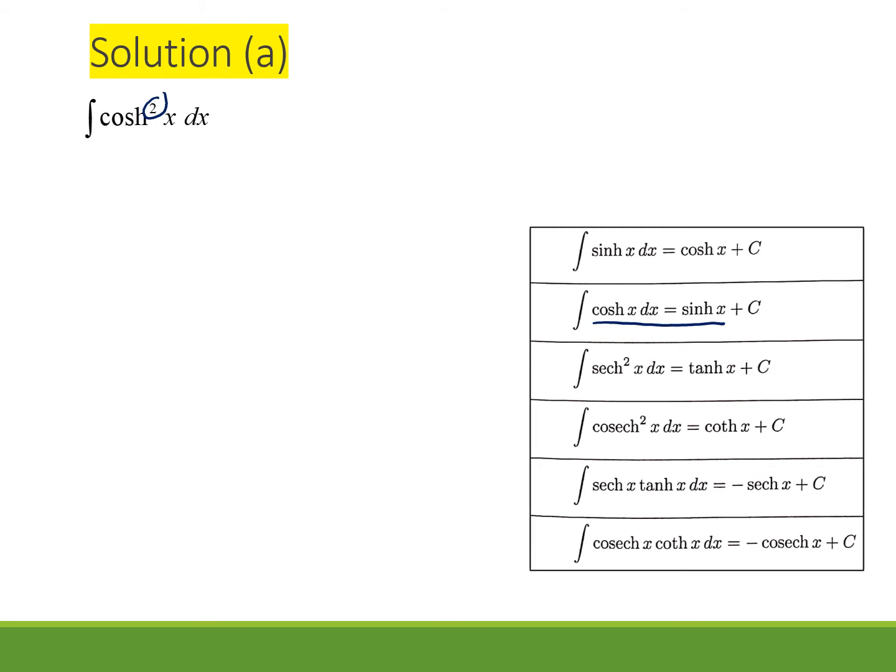where from the formula we know that cos hyperbolic square of x is actually equal to 1 over 2 times cos hyperbolic of 2x plus 1. So now you can see that it is in terms of cos hyperbolic of 2x.